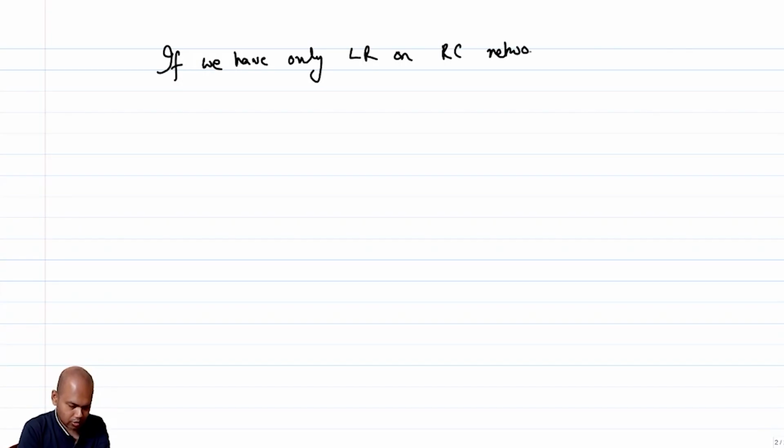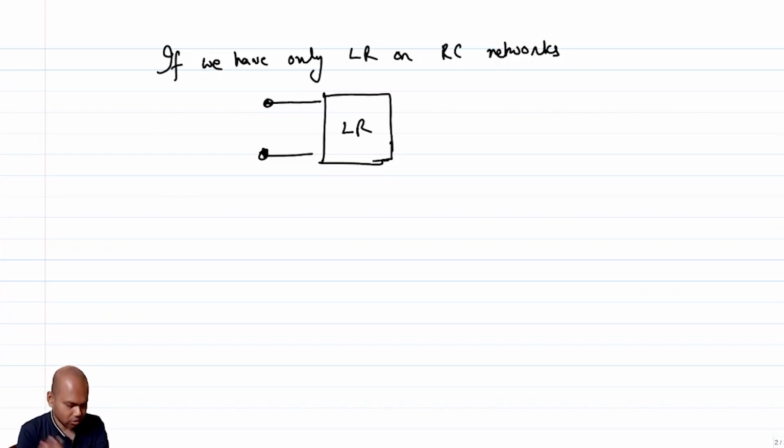If we have only LR or RC circuits, not LRC, then, let's say I take the example of an LR circuit, and I drive it with a voltage source or a current source, it doesn't matter. So what is the power dissipated here?